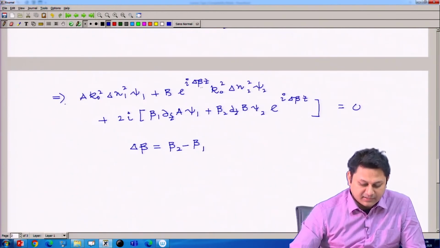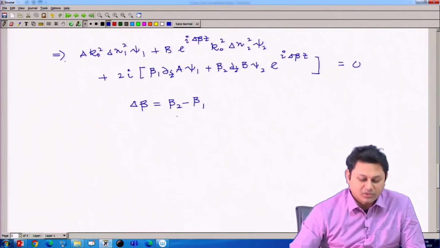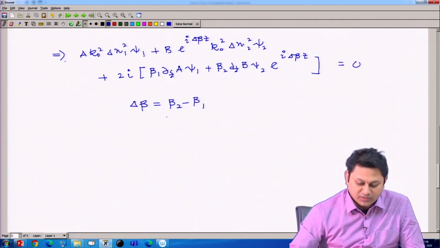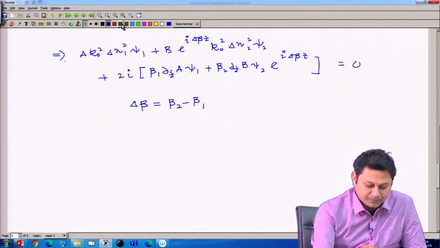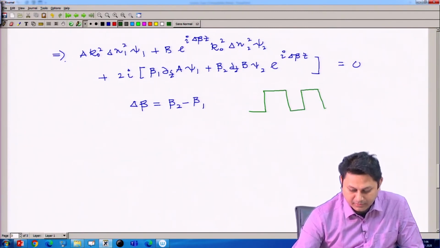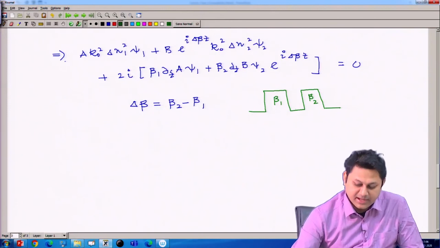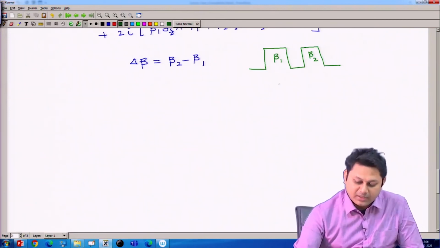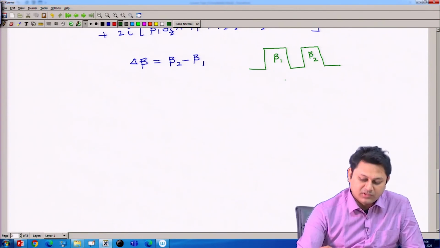So, I write it in this way, delta beta z, where delta beta is beta 2 minus beta 1, which is the difference between the propagation constants of the two modes propagating here. This is the propagation constant of one waveguide and this is the propagation constant of the other in the absence of the first. So, delta beta is the difference between the propagation constants of these two individual modes.